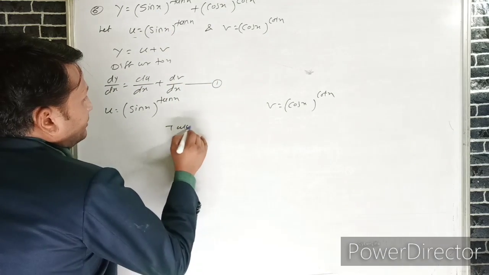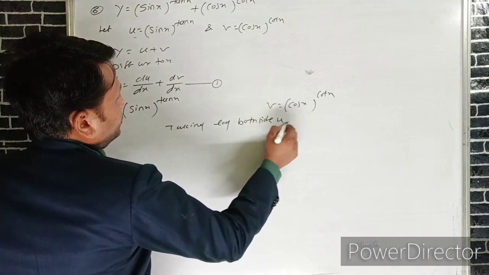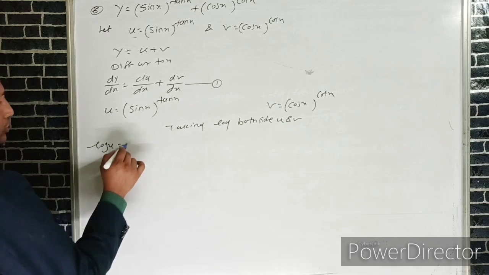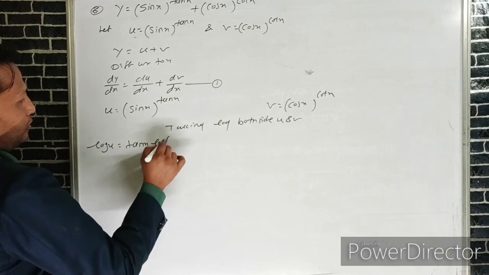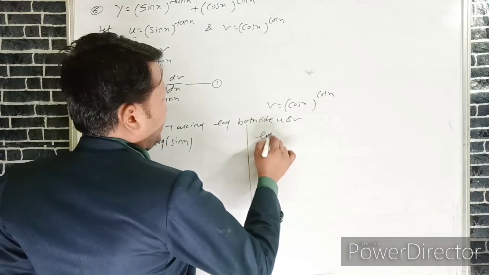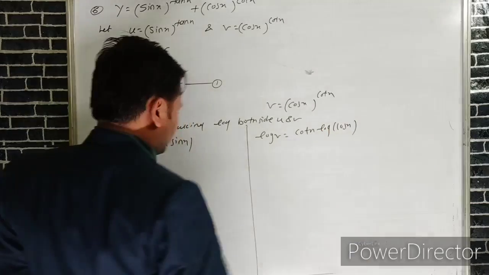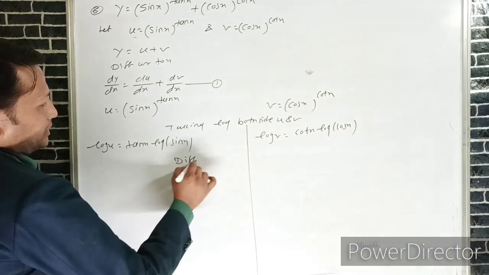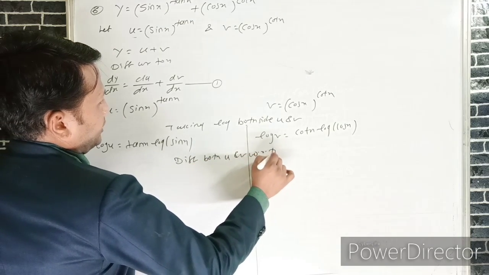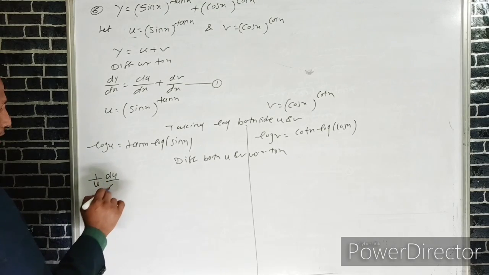If we take log on both sides of u and v, we can write log of u is equal to tan x into log of sin x, and log of v is equal to cot x into log of cos x. Again we differentiate both with respect to x, then we can write the derivative of log u, which is 1 by u du by dx.